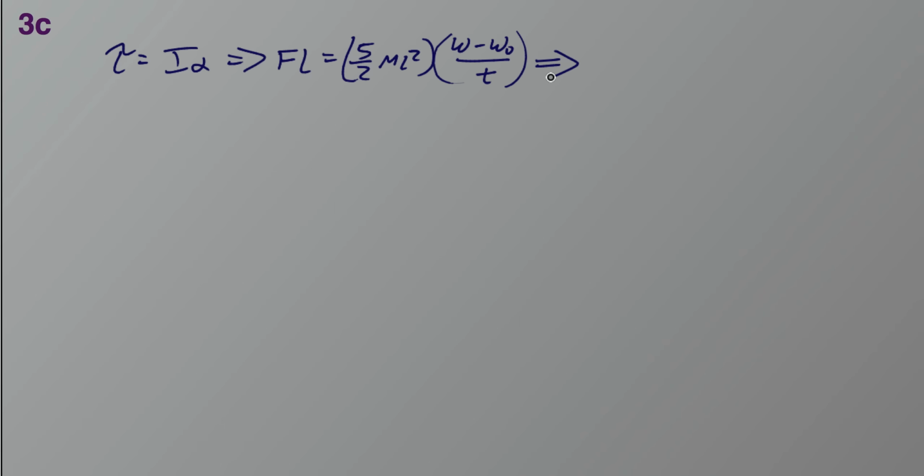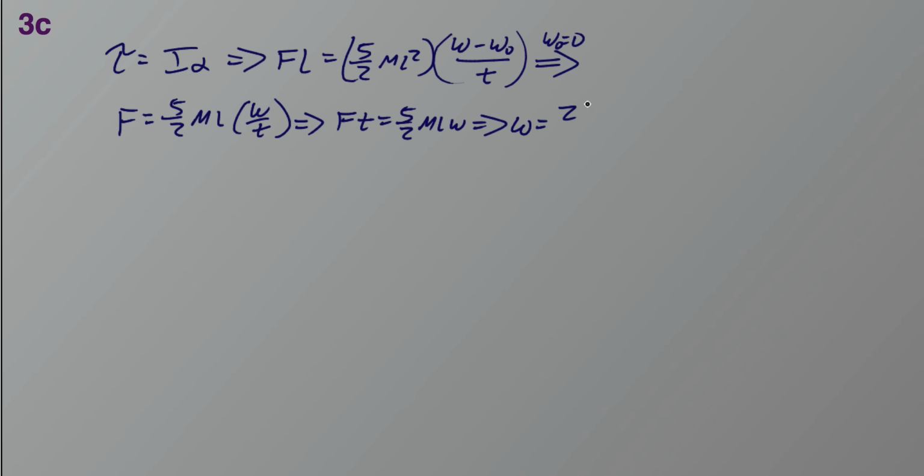Therefore, we can rearrange this a little bit, knowing that omega naught equals 0, to state that our force is going to be 5 halves ml times omega over t, or force times time equals 5 halves ml omega. We're solving for omega. 2F, I guess they use delta t instead of t, we'll write it that way. Delta t over 5 ml.